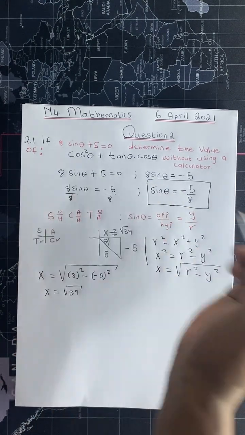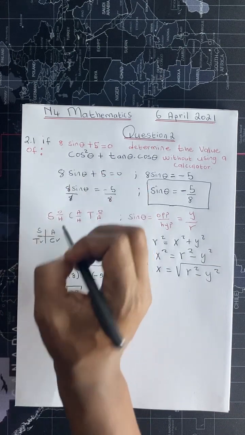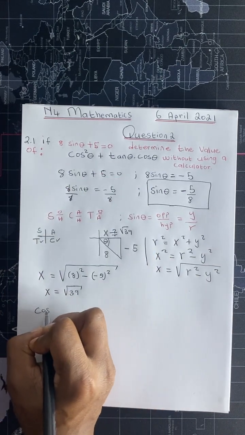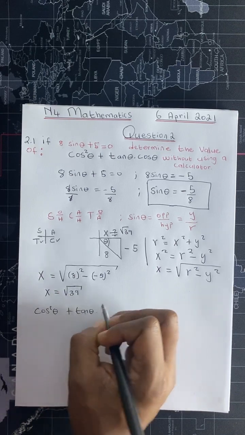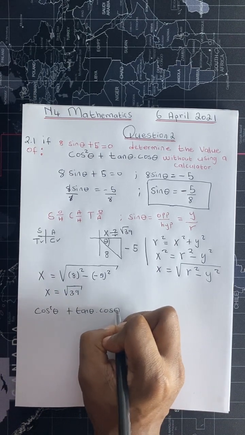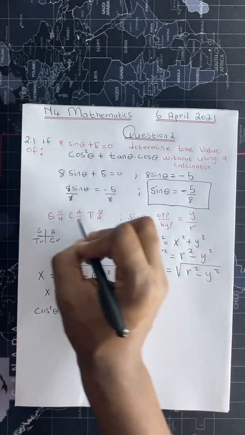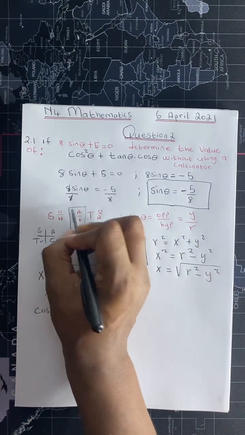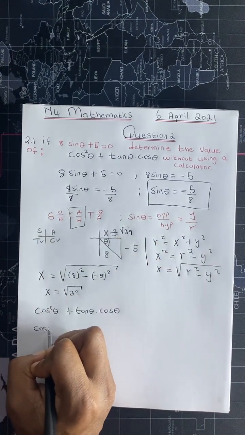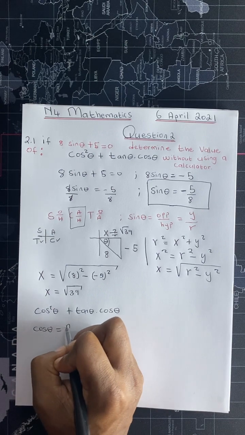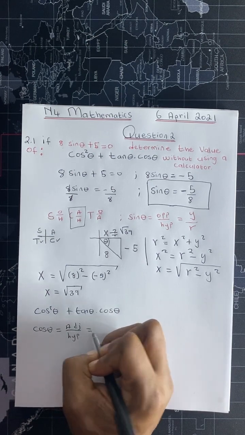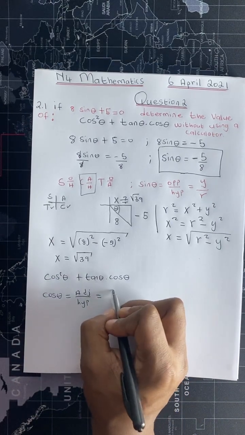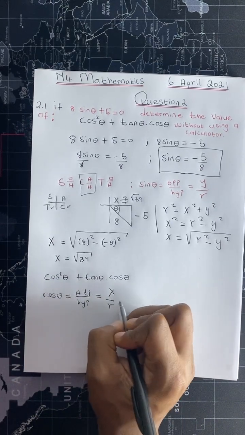So we have cos squared. No, we don't have the cos squared yet. So we have to determine what cos squared theta plus tan theta multiplied by cos theta is equal to. So cos theta is equal to adjacent over hypotenuse, which we can write as x over r.